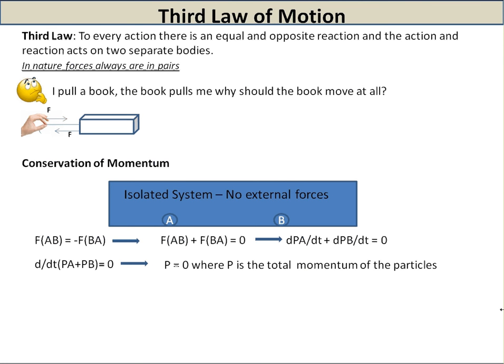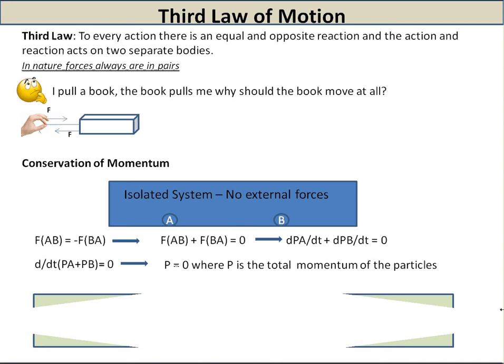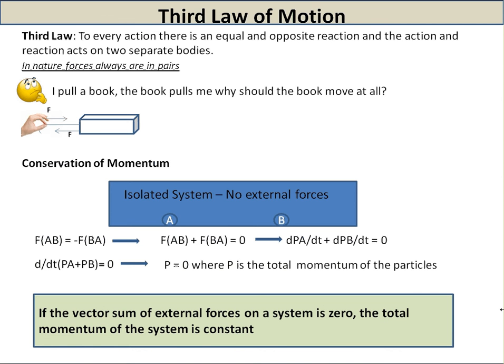So we see that for any isolated system, the total momentum of the system is always constant. The law of conservation of momentum states that if the vector sum of external forces on a system is 0, the total momentum of the system is constant. This is a very important law which we will use in our analysis further down.